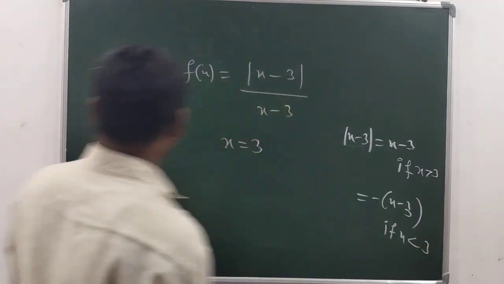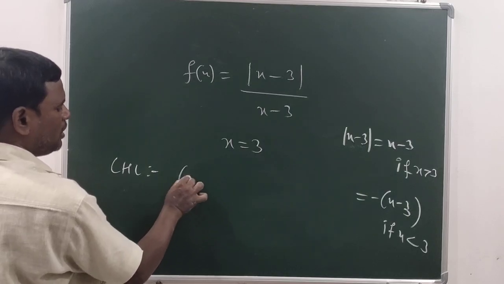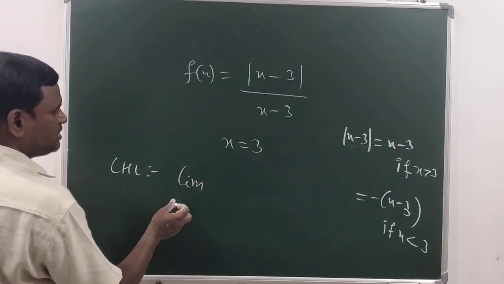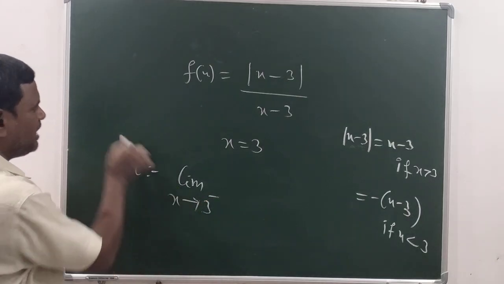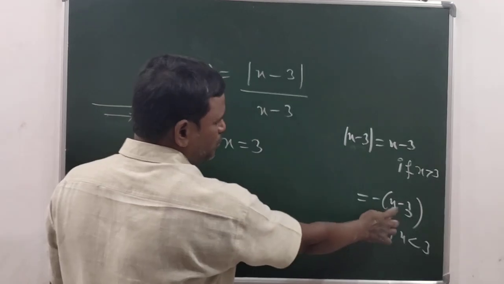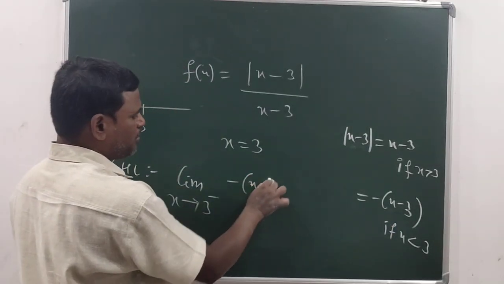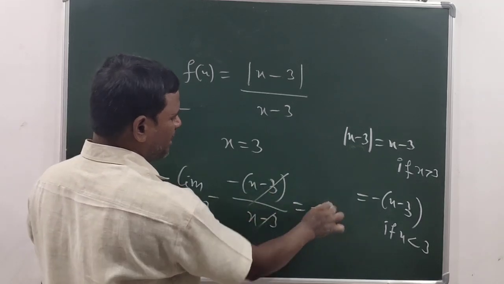Now find the left hand limit, LHL. So limit x approaches 3 minus. Left hand limit means x value is smaller than 3, so this has to be taken: minus of x minus 3 by x minus 3. Both of them cancel, minus 1.